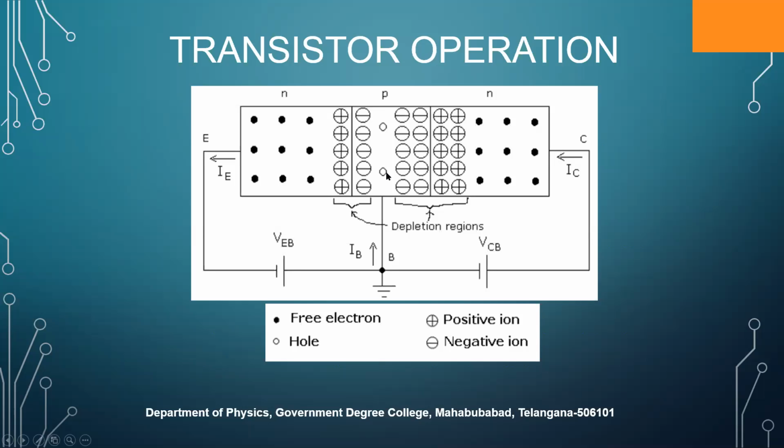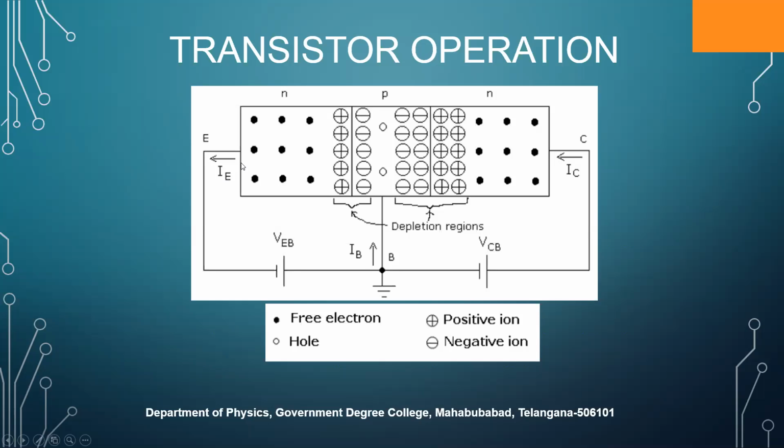Immobile ions will also be there, and they are negative ions. Here you might have observed that very few holes have been shown, because the P-type region, the base width, is very, very small. That's why we have shown just 2 holes here, 6 electrons here, and here also 6 electrons. In the N-type collector, because it's an N-type semiconductor, the majority carriers will be electrons, along with immobile ions, and the minority carriers are holes. This is the picture.